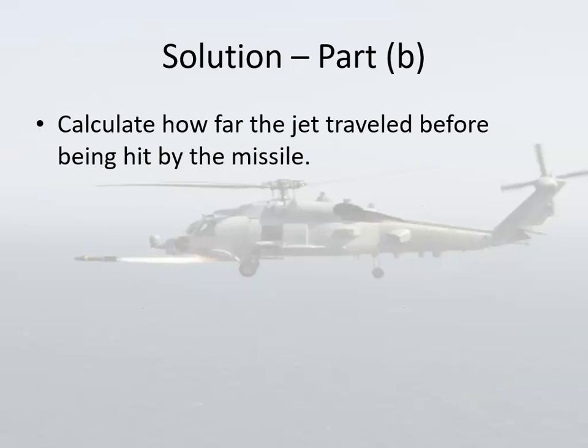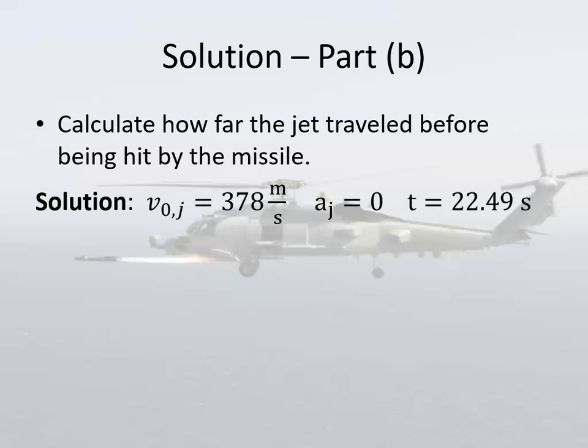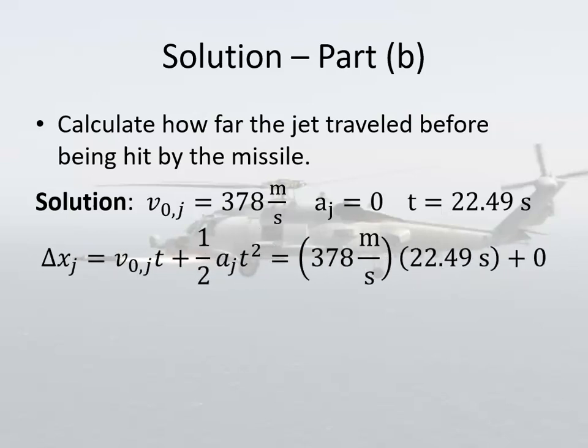So, how about calculating how far the jet traveled before being hit by the missile? Well, what we need to do is use the equation for the displacement of the jet. Well, delta x for the jet is v naught jet t plus a half a jet t squared. But remember, the acceleration of the jet was 0. So apparently the pilot stupidly did not make any maneuvers of any sort to try to confound the missile.